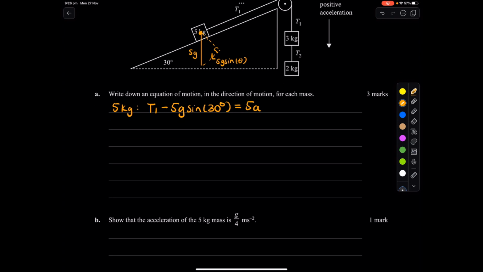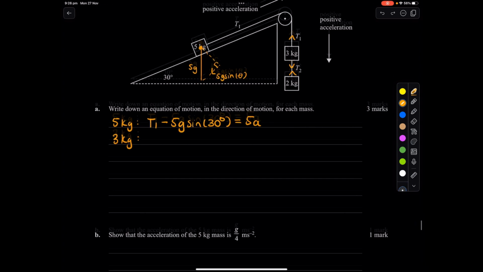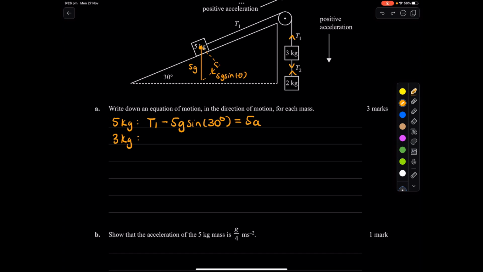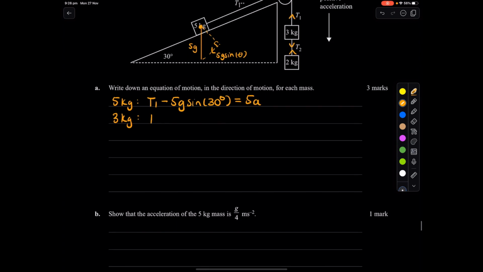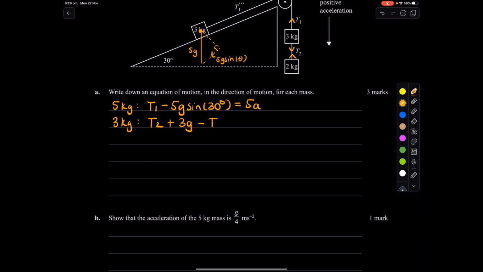For the 3 kilogram one, let's think about it. What do we have? Well, we have over here a tension T1, tension down also, T2, and we also have its mass going down too. Because it's going down, we're taking down as positive, so it's going to be T2 plus 3g minus T1 should equal 3a.